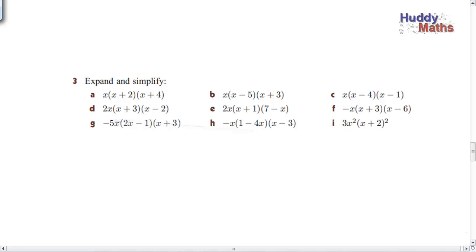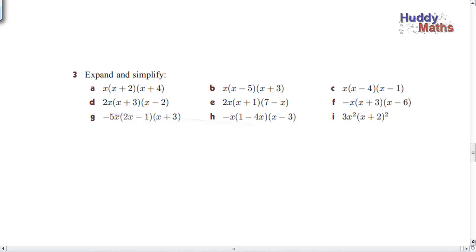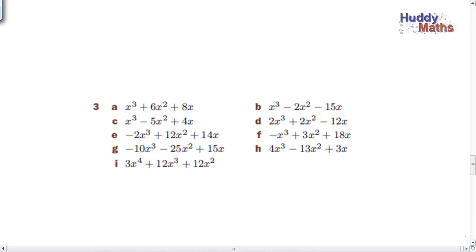Pick out your specials there if you can find any, and otherwise it's everything multiplied by all the other things. So everything in the bracket multiplied by all the other things in all the other brackets. So you've got to do them in a sequence. Okay, let's have a look at the answers. There we have them. So check your work. Lots of practice needed here, so you're really confident.